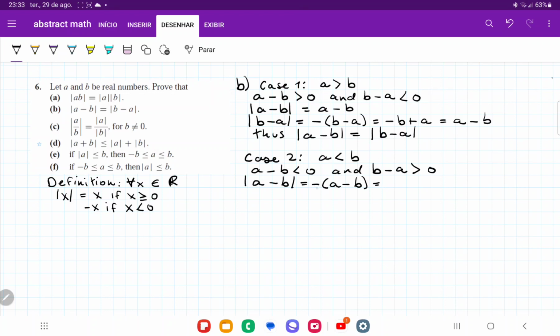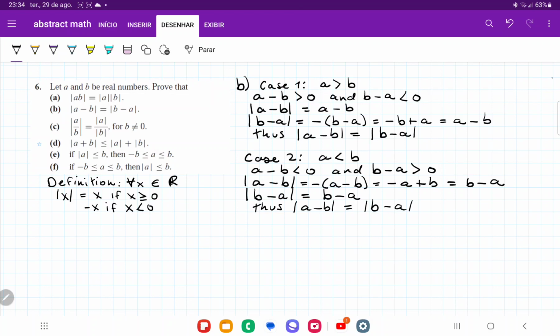When I distribute that minus, we're going to have minus A plus B, or B minus A. And then the absolute value of B minus A, because this expression is positive, is just going to be the same thing. And so we have shown that they're equal to the same thing, and thus the absolute value of A minus B is equal to the absolute value of B minus A.